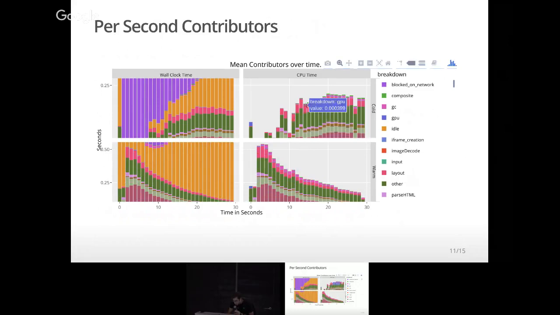For CPU time, layout is actually pretty consistent across this page set for cold loads, and it keeps going for a long time, whereas for warm page loads, the layout tends to be kind of front-loaded. This is fairly intuitive, but I found the graphical representation of it kind of interesting. You can see here as idle gets bigger and bigger, pages are idle when they're done loading. So that also makes a fair bit of sense.